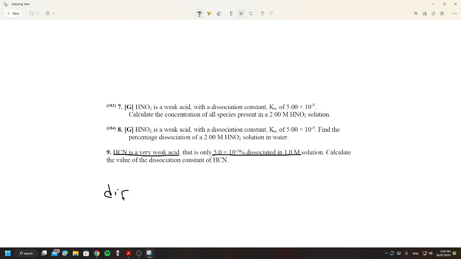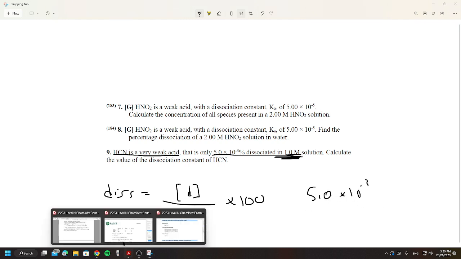So dissociation is equal to the concentration that dissociated over the concentration itself, so 1.0 in this case, times 100. So they told us, here, 5.0 times 10 to the power of negative 3.